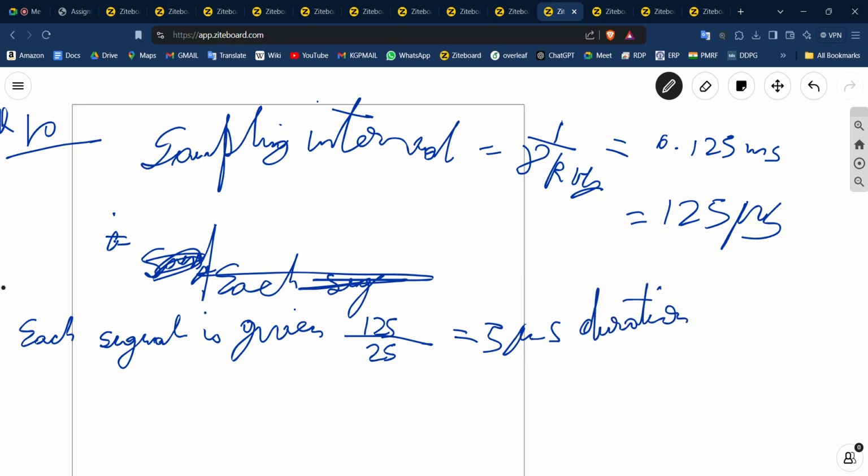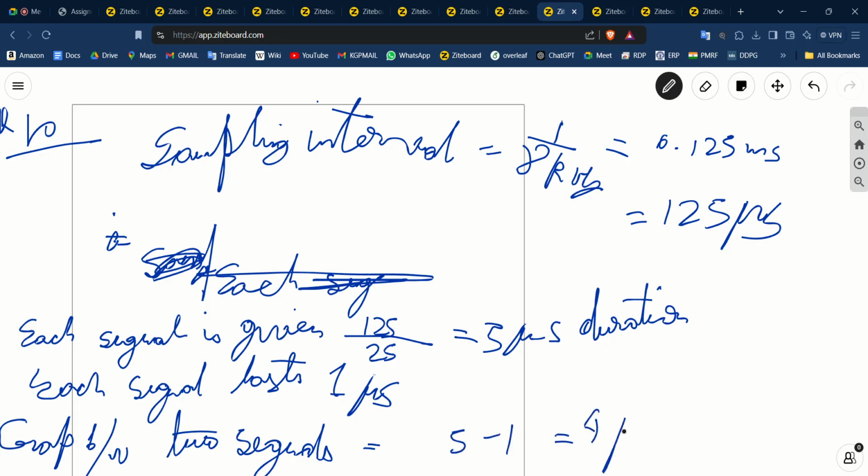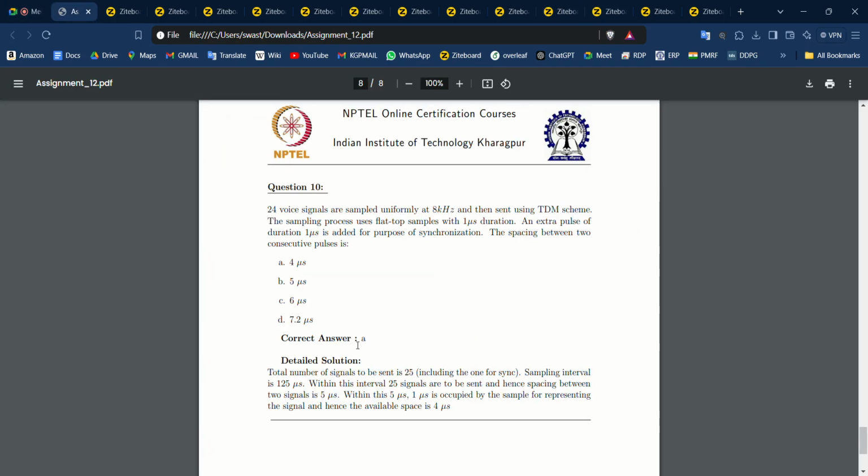But each signal lasts 1 microsecond. So the gap between two signals is 5 minus 1, which is equal to 4 microseconds. So the answer is 4 microseconds.